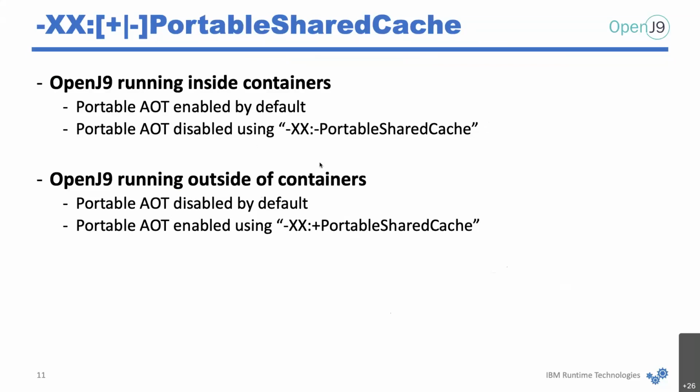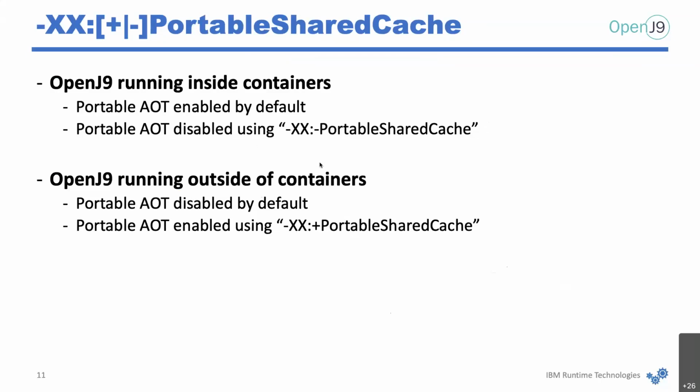When OpenJ9 runs inside a container, we turn on the option by default, as we know that it's most likely operating in the cloud and needs portable AOT. It can be turned off if the user doesn't need AOT portability by using minus portable shared cache.